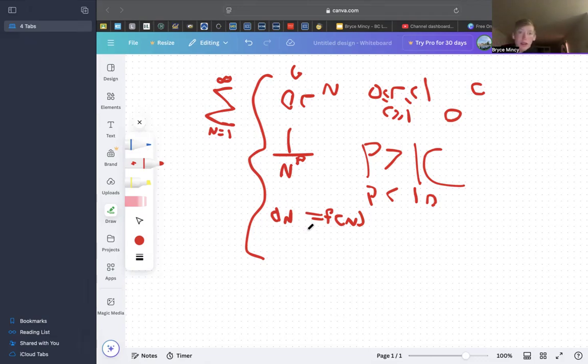And then if you are to take the integral from 1 to infinity of F, and if this is equal to a finite number, which is represented as L in our notes, so if it's L, it's convergent.